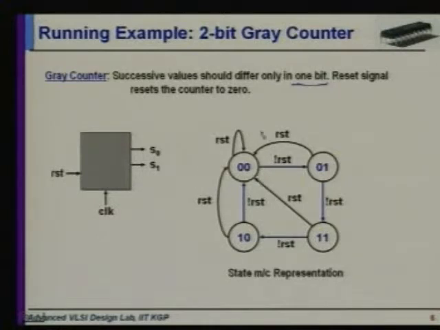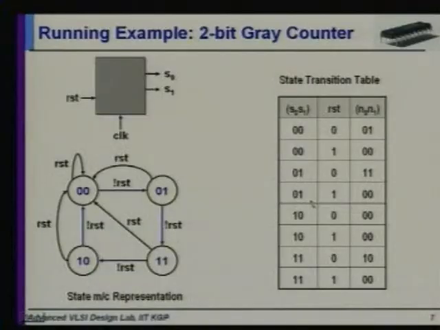So now, given that this is the state machine representation of the counter that we want to implement, we have to somehow translate this into the final gate level and transistor level implementation. The first thing that we could do is draw the state transition table. So what does the state transition table show you?